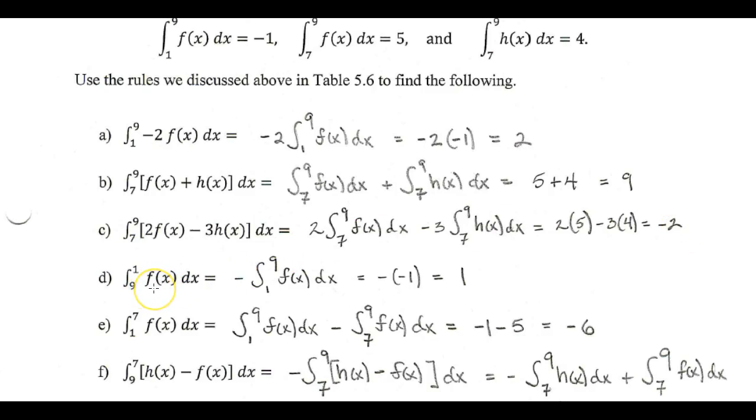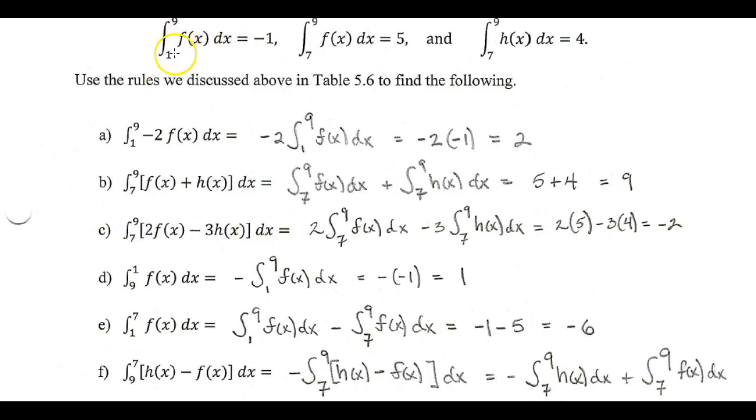Now in part D, I want the integral from 9 to 1 of f of x dx. That's going to be the opposite of the integral from 1 to 9 of f of x dx, which is minus a minus 1, or 1. Now let's say I want the integral from 1 to 7 of f of x dx. I don't have the integral from 1 to 7 anywhere, okay?